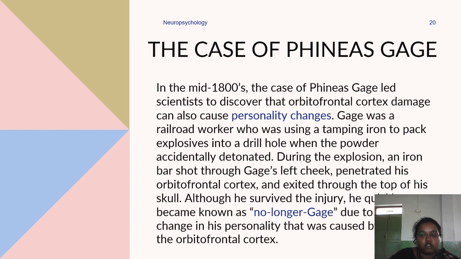During the explosion, an iron bar shot through Gage's left cheek, penetrated his orbitofrontal cortex, and exited through the top of his skull. Although he survived the injury, he became known as no longer Gage due to a personality change that was caused by damage to the orbitofrontal cortex.